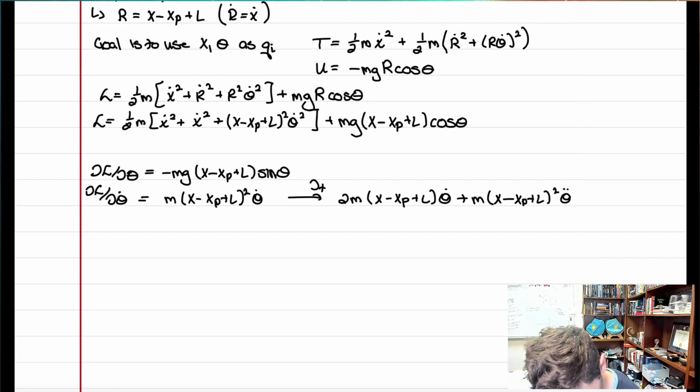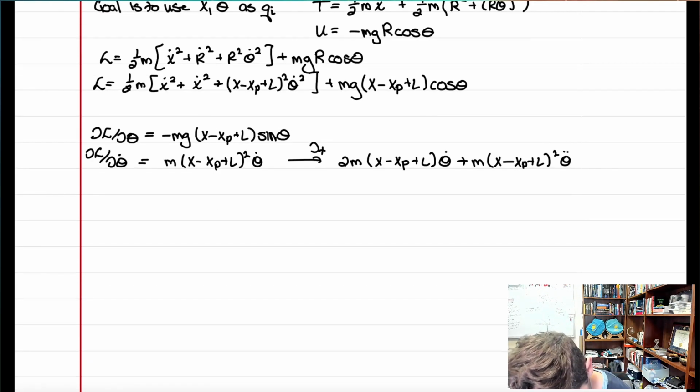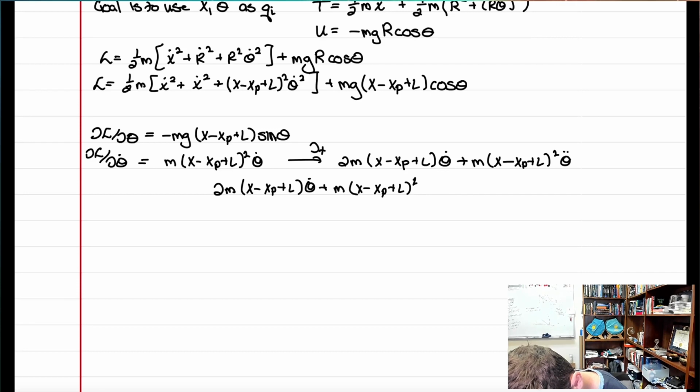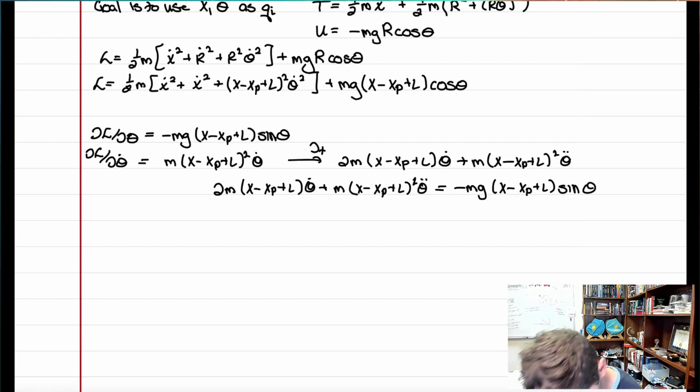So then the first Euler-Lagrange equation says that it looks like 2m(x - xp + L)θ dot plus m(x - xp + L)² θ double dot equals -mg(x - xp + L) sin θ.